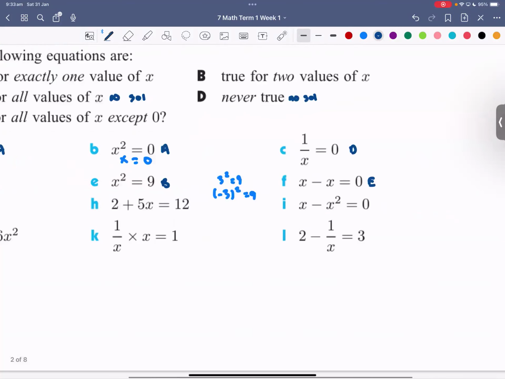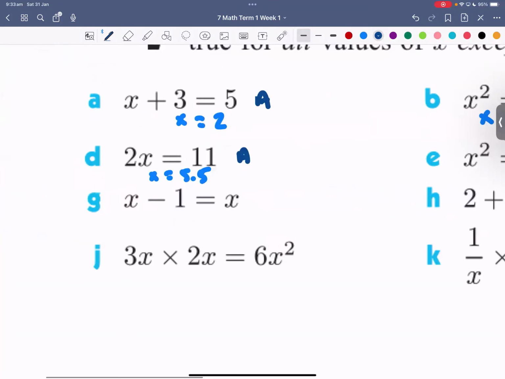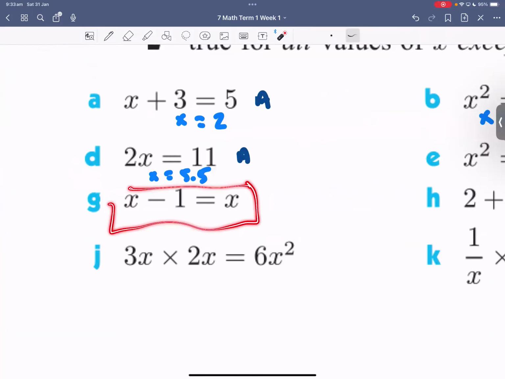Next one. X take 1 is x. Can anyone think of any answers for this one? When is x take 1 equal to x? Jay? Yes? Never. How can something minus 1 be the same as x?